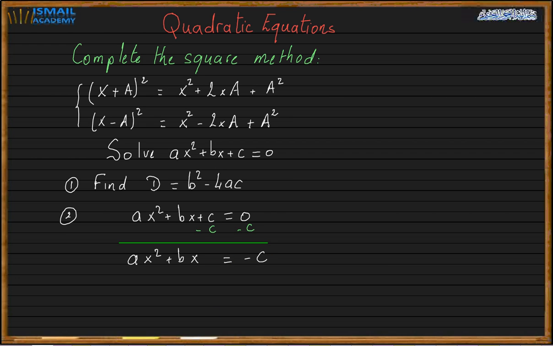The second step, you divide all the terms by a, and the other side of the equal sign. So you end up having x squared plus b over a x equals minus c over a.